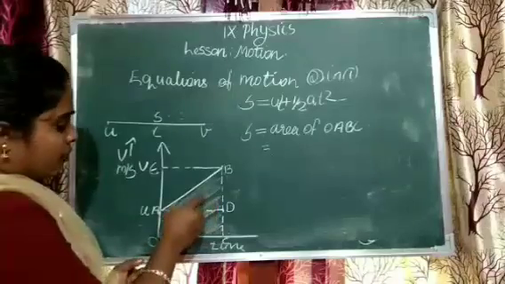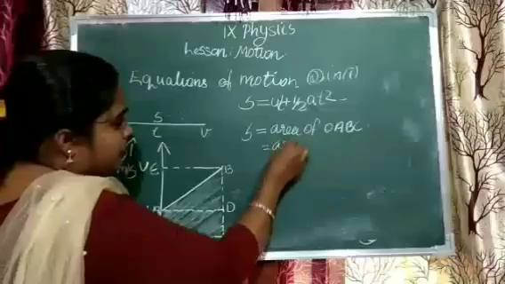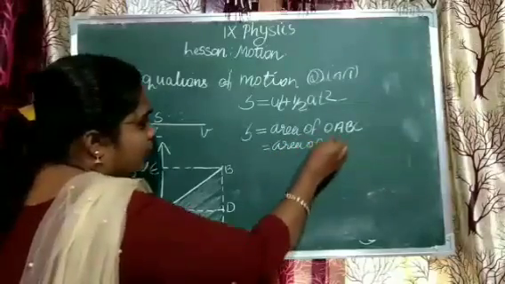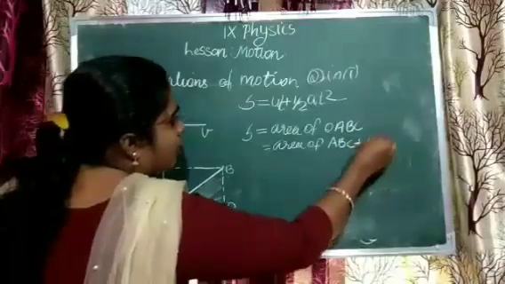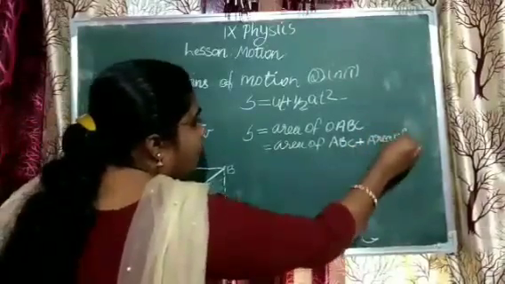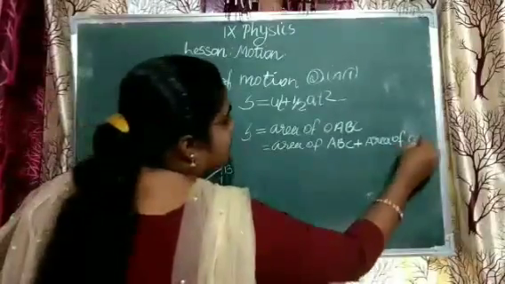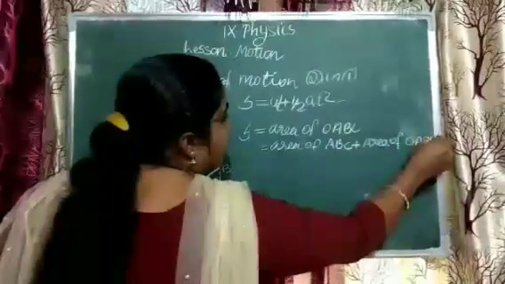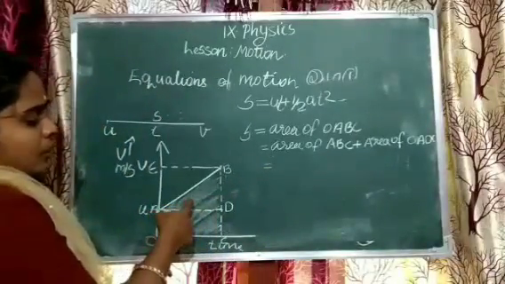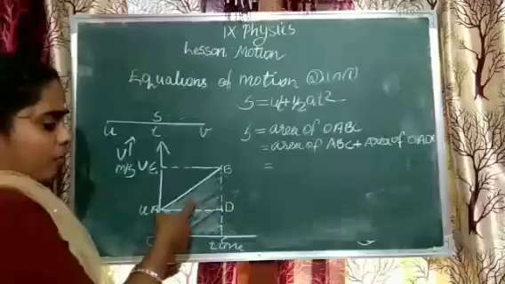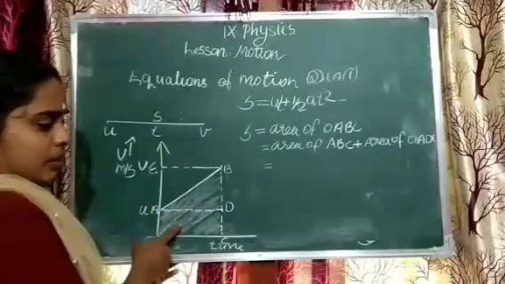So we can write it as the area of triangle ABC plus the area of rectangle OADC. The area of the triangle we can find using the formula half base into height, and the rectangle area is length into breadth.